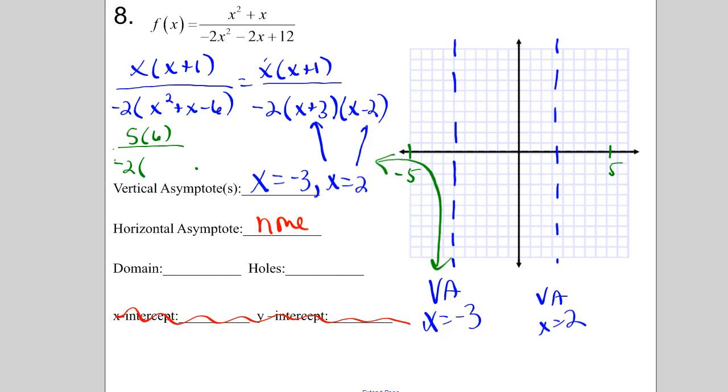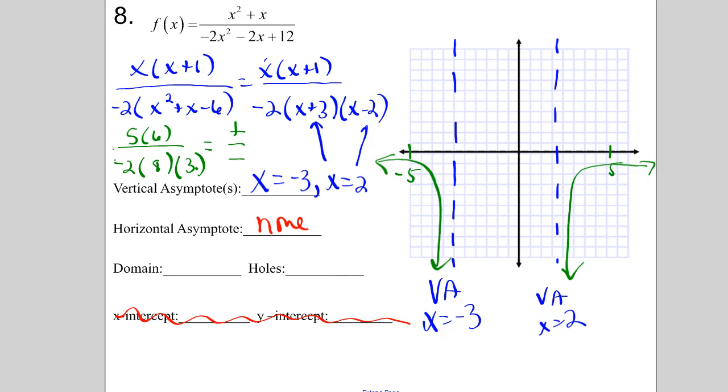That's a positive number, so that's 8, and that's a positive number. 5 minus 2 is 3. So I end up with a positive over a negative. So I have this situation. They're both negative. That's that part.